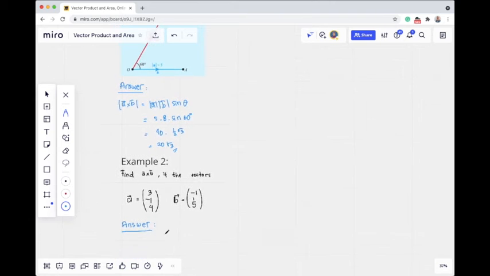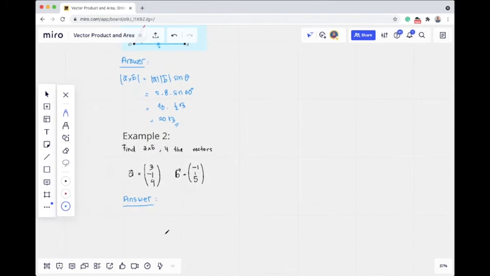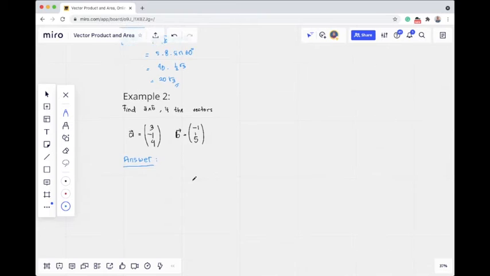So the magnitude of A cross B is 20 square root of 3. Okay, and example 2. Find A cross B if the vector A is 3, -1, 4, and B is -1, 1, 5.